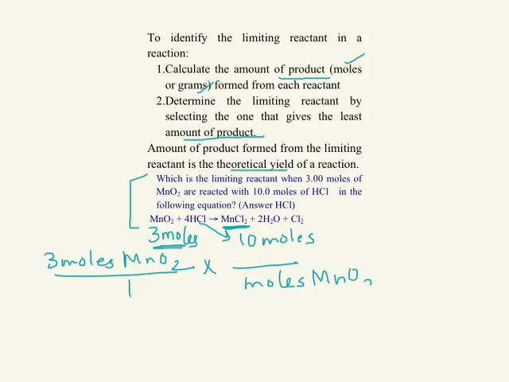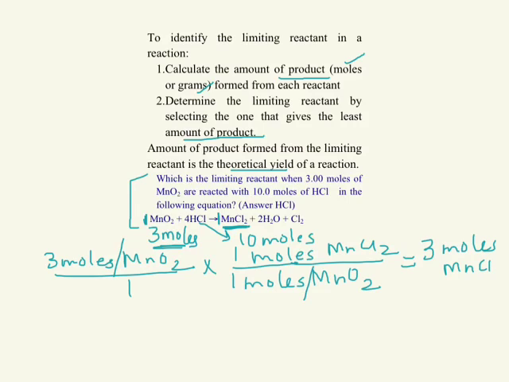So we want moles of manganese dioxide here and moles of manganese chloride here. And look at this ratio. 1 mole of manganese dioxide is producing 1 mole of manganese chloride. This cancels out, and so we have 3 moles of manganese chloride.